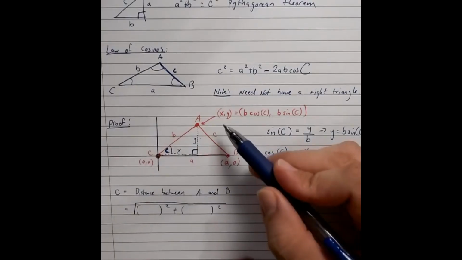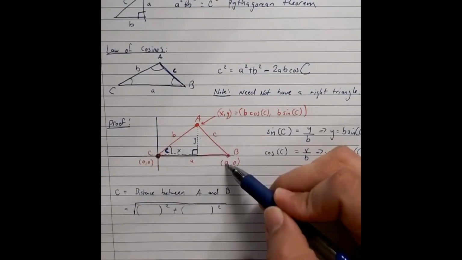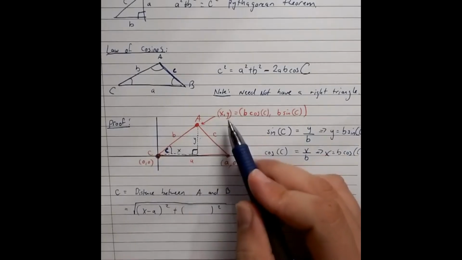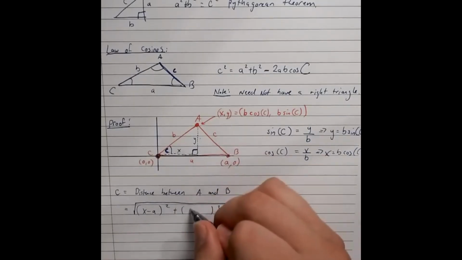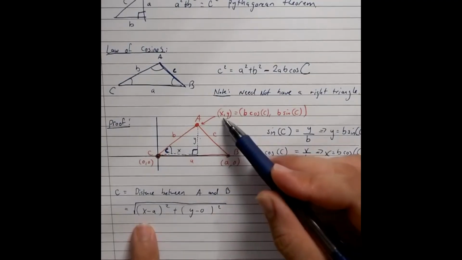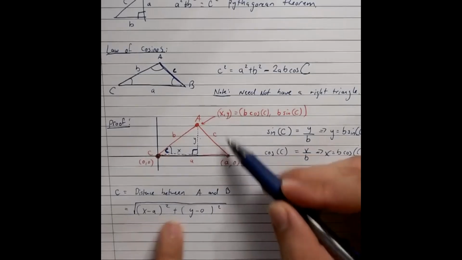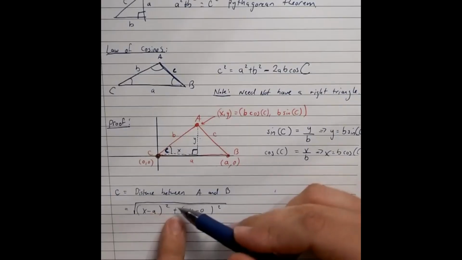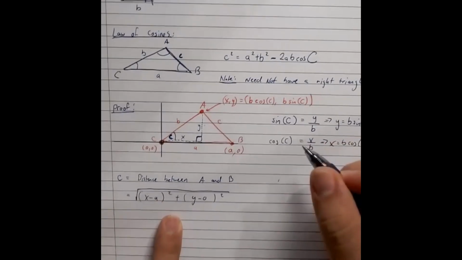Or in other words, take the x value and that x value and subtract them. X minus A. Take the y value and the y value and subtract those. X2 minus x1. You take y2 minus y1. You square each of those, add them together, and take a square root.